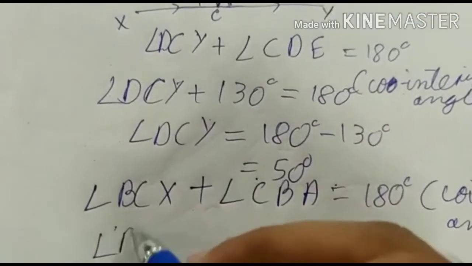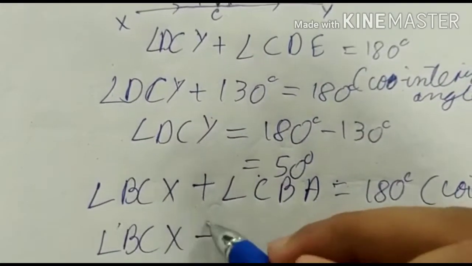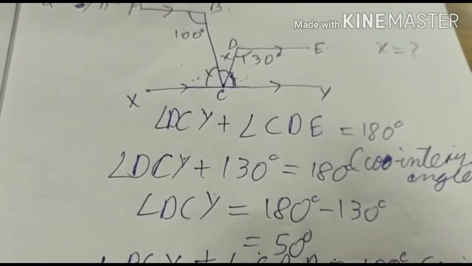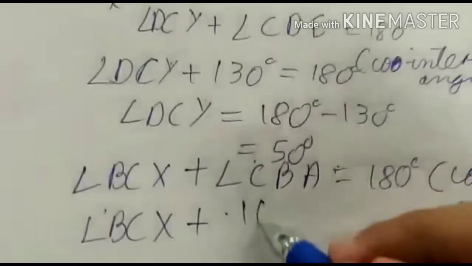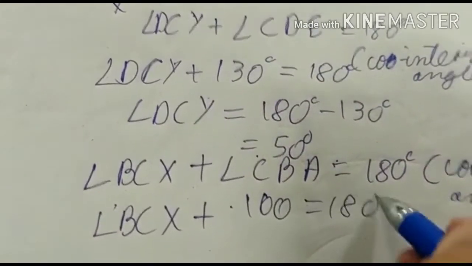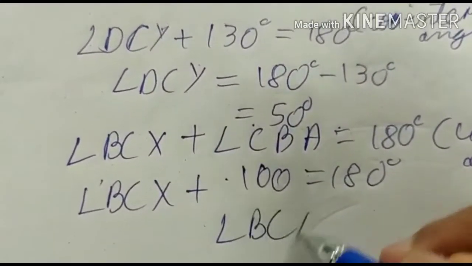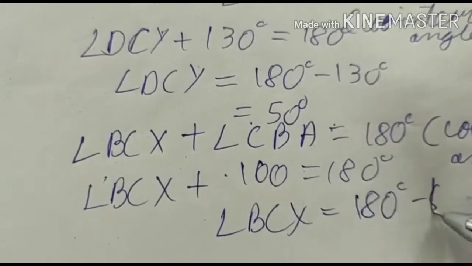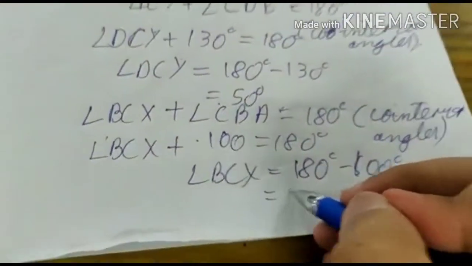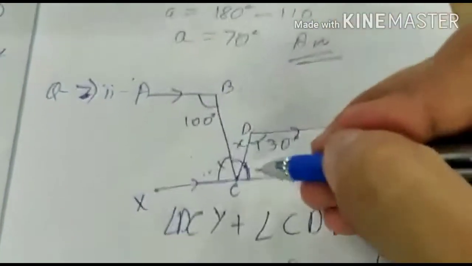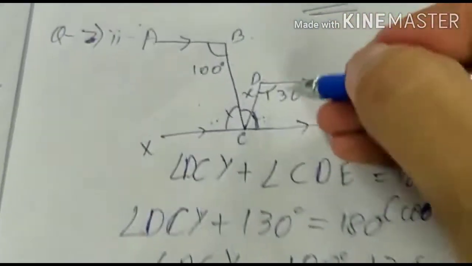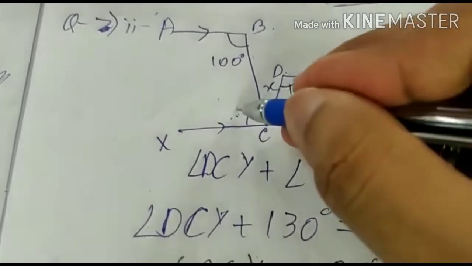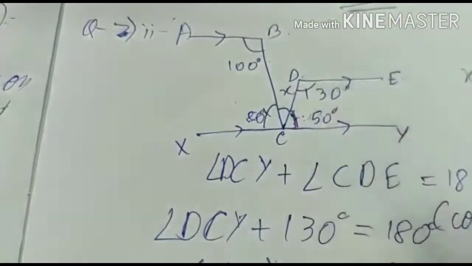So angle BCX plus angle CBA, which is 100 degrees, equals 180 degrees. Angle BCX is equal to 180 minus 100 degrees. It is equal to 80 degrees. So this angle is 50 degrees, and this angle is 80 degrees.